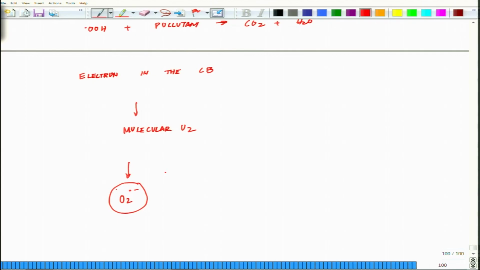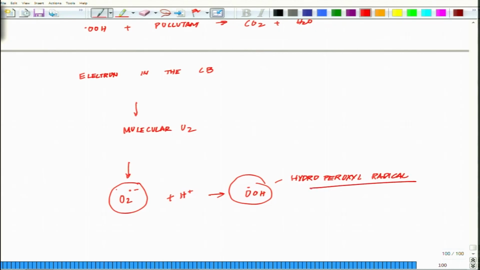Okay, and that may further react with H+ to generate hydroperoxyl radical. This is called hydroperoxyl radical, and further electrochemical reduction yields H2O2, as I showed you in the reaction. These reactive oxygen species may also contribute to the oxidative pathway, such as degradation of pollutants.